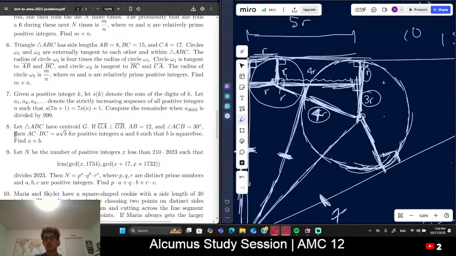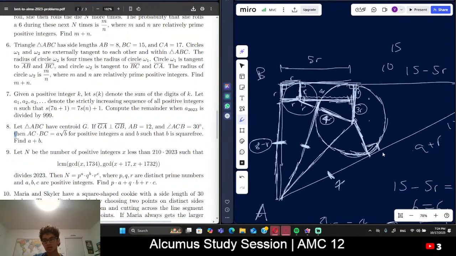Maybe that, did I draw my tangents correctly? I think I did. I think I did. And the whole side is 5R.